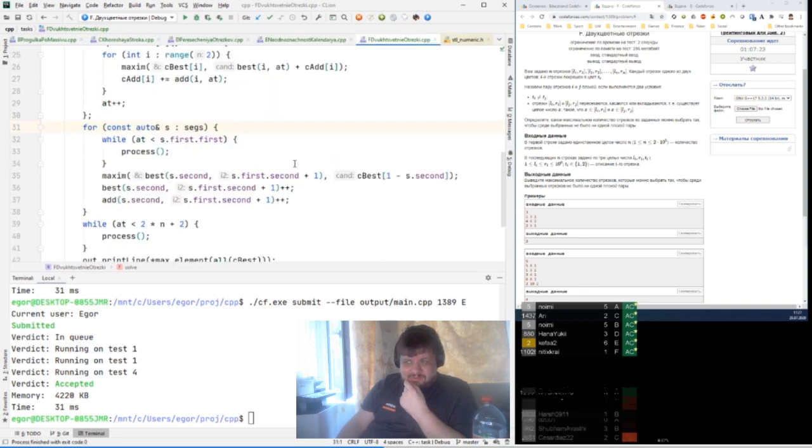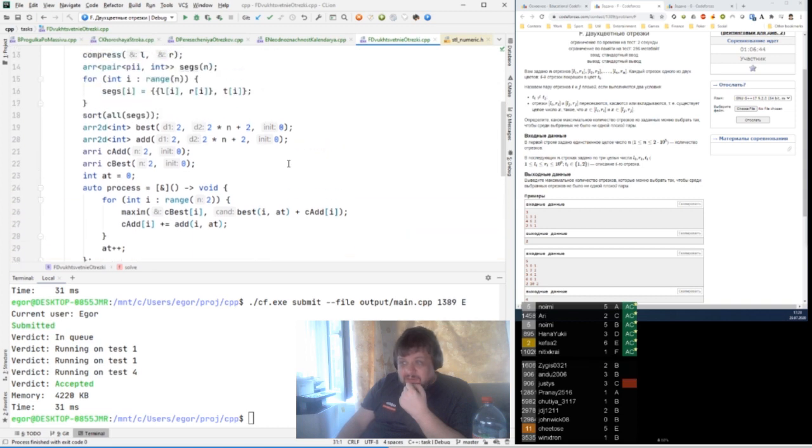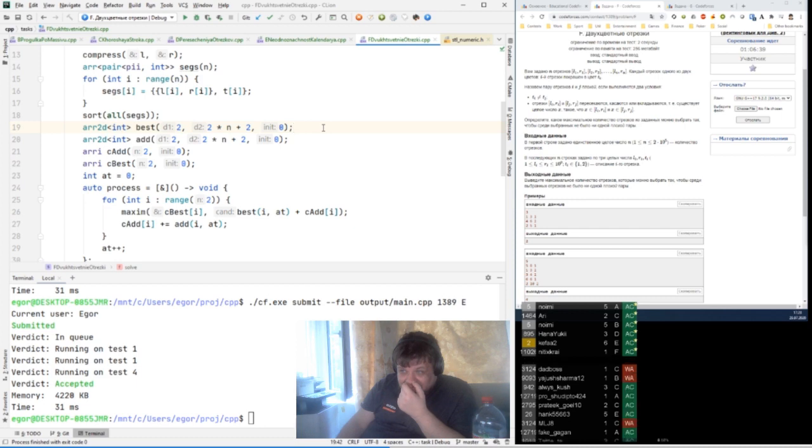And I think it was the moment I realized that there is no way to solve this problem without a segment tree-like structure. Once again, I still made a mistake.